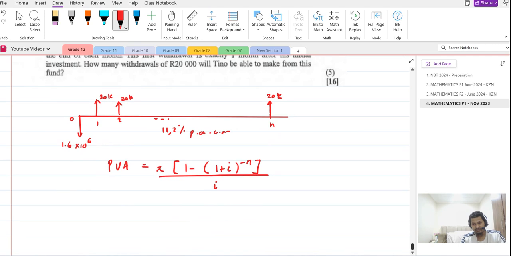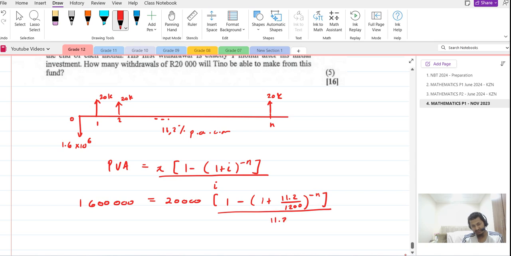Now we know the present value is 1,600,000. The monthly withdrawal is 20,000 into 1 minus 1 plus 11.2 over 1200 to the power negative n, all over i, which is 11.2 over 1200.